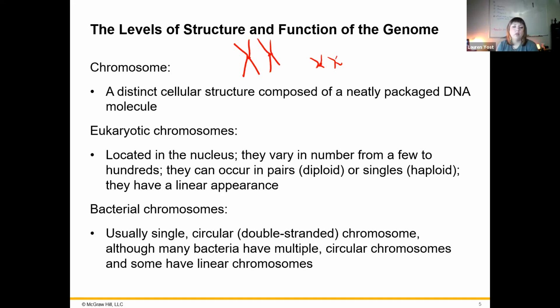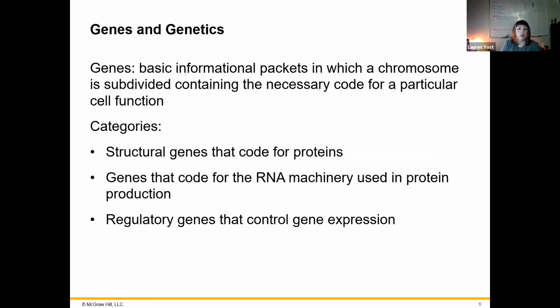Bacterial chromosomes are typically circular, and some bacteria can have more than one circular chromosome, but some only have one. We can have quite a few linear chromosomes in eukaryotes.